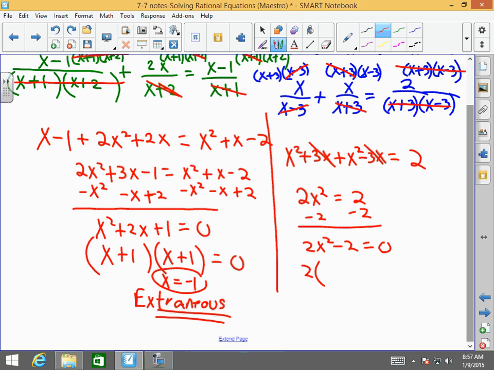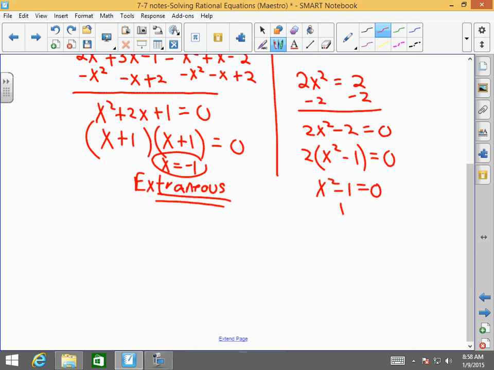Oh, but either way, actually, in this case, it didn't really matter. You have x squared minus 1 equals 0. Okay? Add 1 to both sides. x squared equals 1. Now, how do I get rid of a power of 2? Square root it. So I square root both sides, and x will equal plus or minus 1.